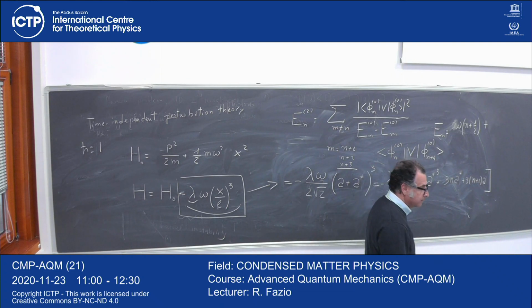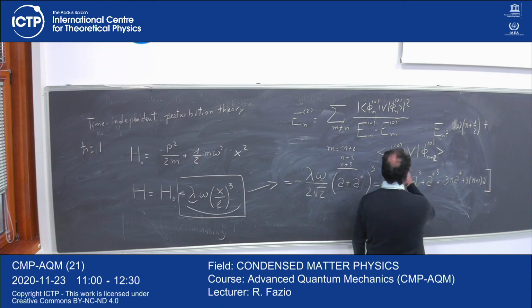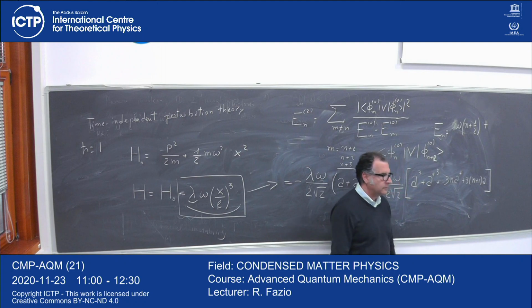Then I have another question. If I consider the matrix element between n and n plus 2, is it 0 or is it non-zero? I think it's 0.